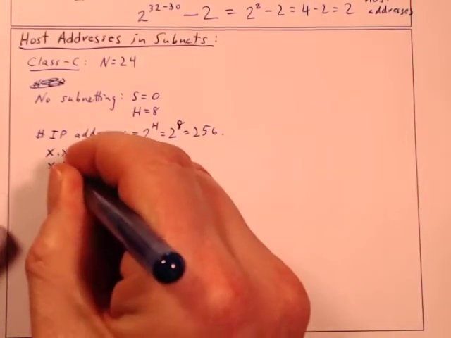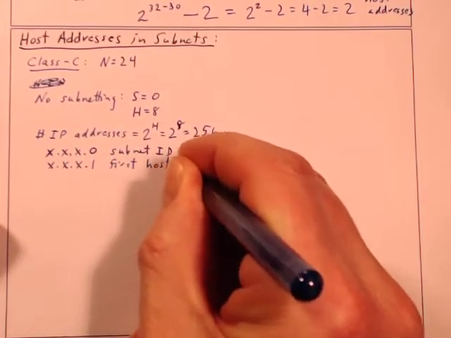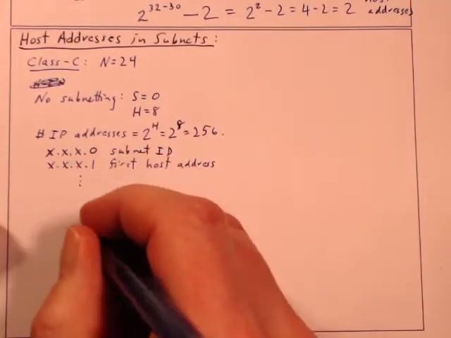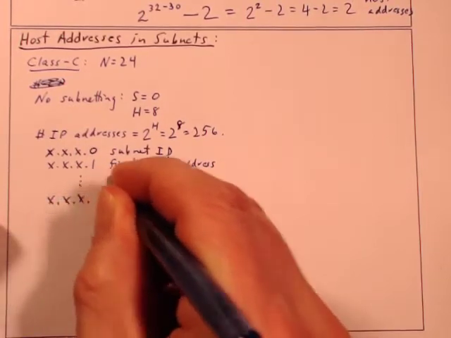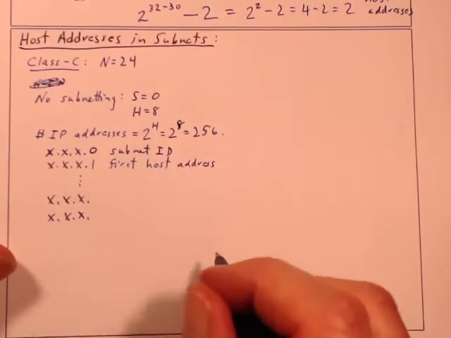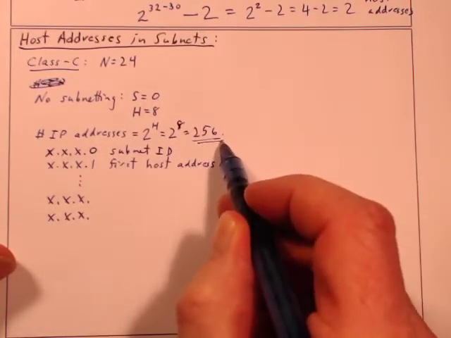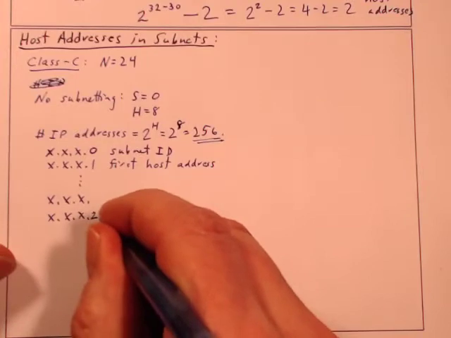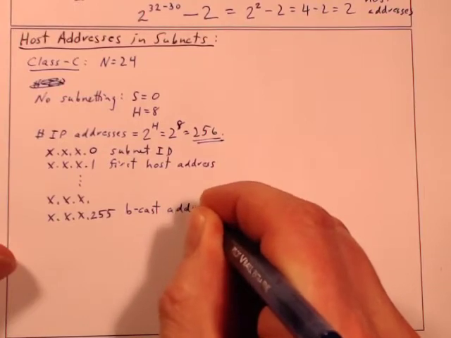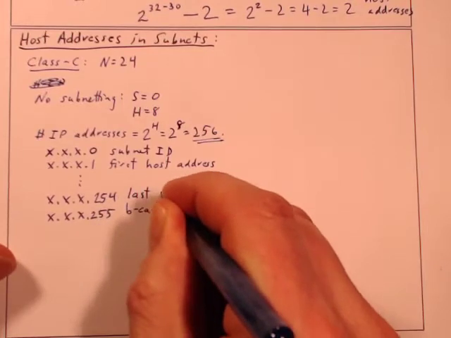The next one available is the first host address, so the .1, and then we have a whole bunch of host addresses, and then at the very end we have the highest number, which in this case is 255. We have 256 addresses, but we're starting to count at 0, so it's going to go up to 255. This is going to be your broadcast address. And then .254 will be the last host address.